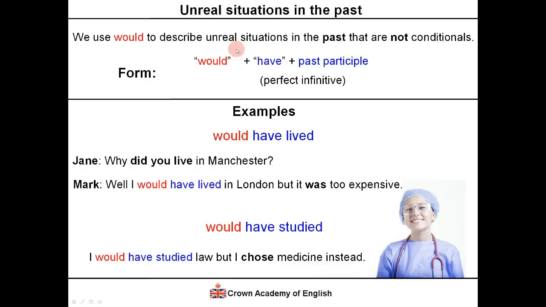So we use would plus have studied to describe this unreal situation in the past. We're explaining why we didn't do something, okay? But it's not a conditional because there's no if here, okay? So this is why I've discussed it separately, okay?